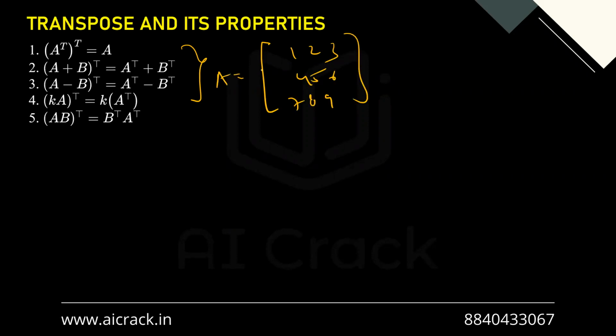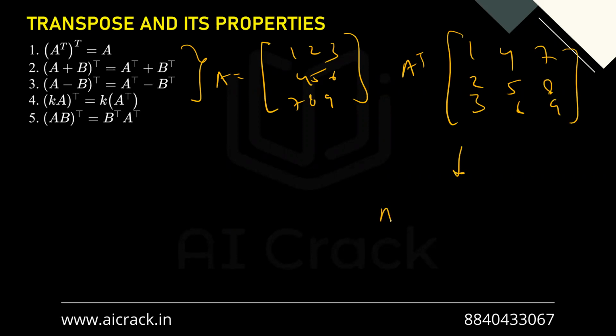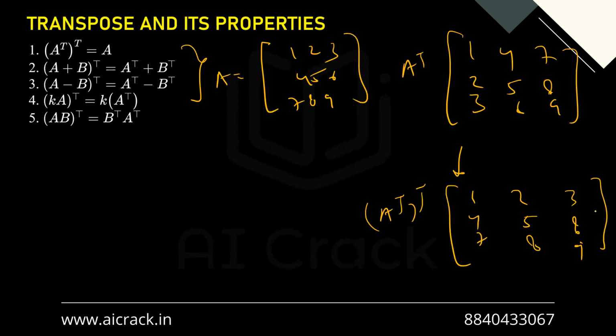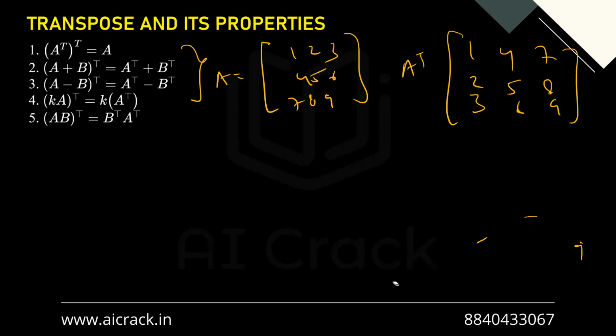This is our A. Now let's find A transpose. Now if I take the transpose of A transpose, I'll get 1, 2, 3, 4, 5, 6, 7, 8, 9. Now you can clearly see that this matrix is the same as the original matrix. Okay. So you can similarly prove all the other properties.